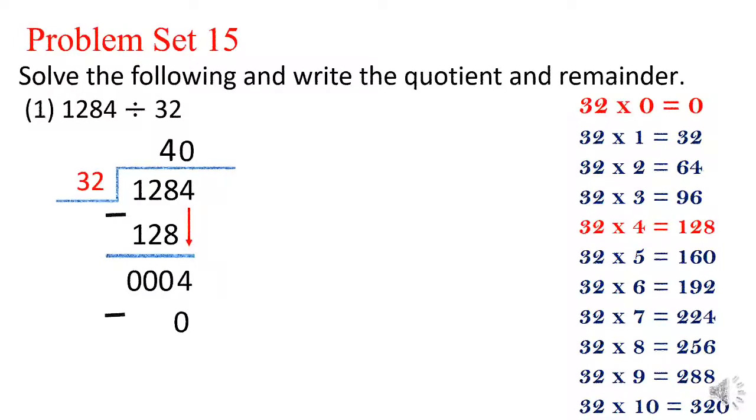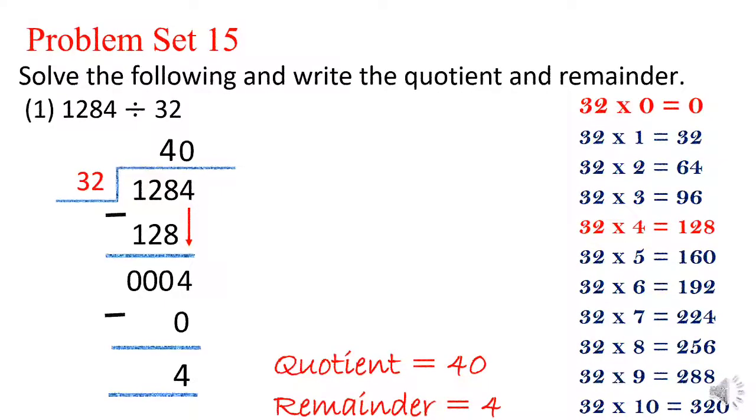Next, subtract 0 from 4, which equals 4. Now, as there are no more digits to bring down, we have finished our division. Thus, we get the quotient as 40 and remainder as 4.